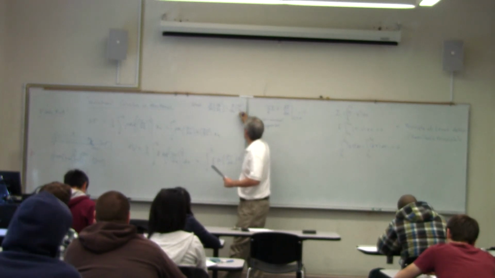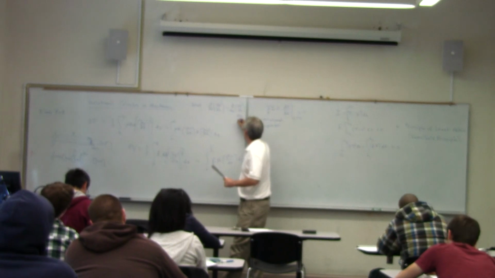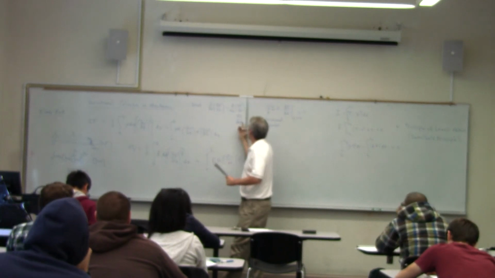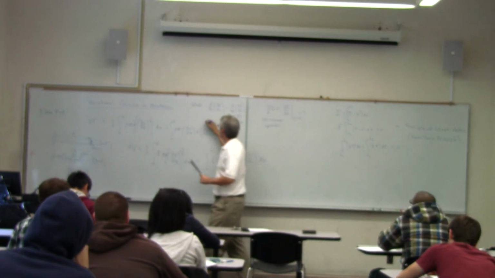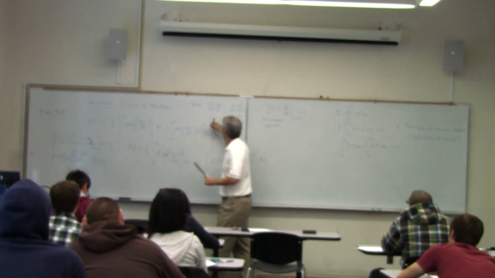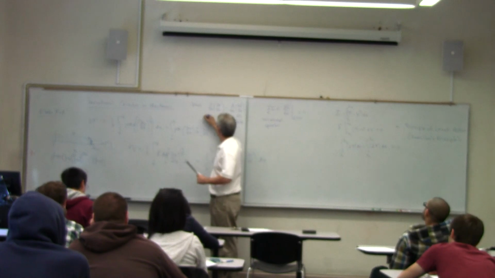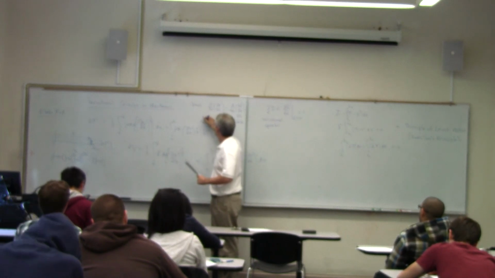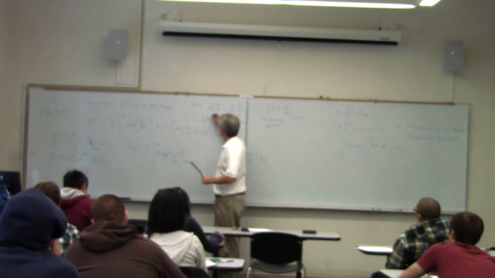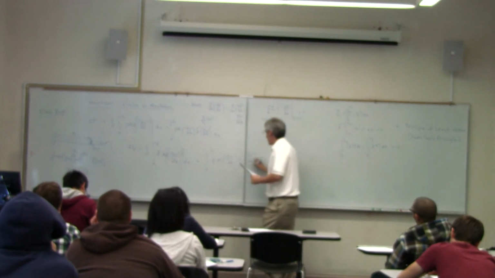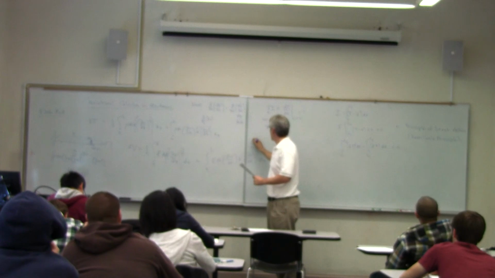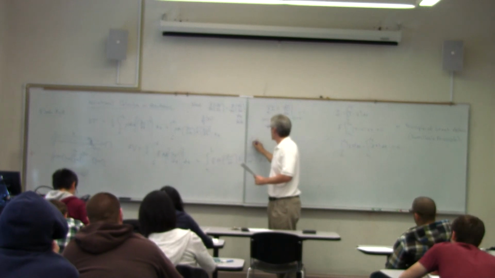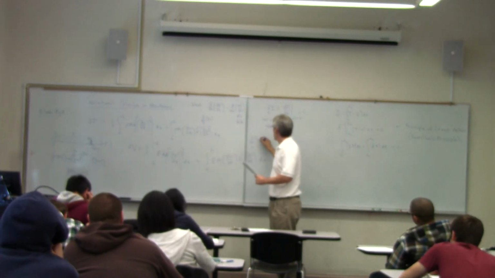In other words, they're both partial squared, and the order here doesn't matter. Well, delta commutes with derivatives, so we can write this as partial with respect to t of delta u. And we can write this as partial with respect to x of delta u.